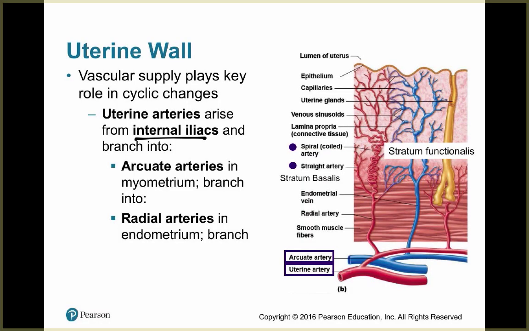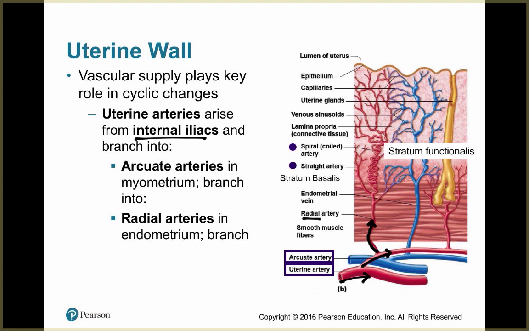And basically what that's going to do is it branches into a few types of arteries. You can see here, this is the uterine artery that comes from the internal iliac. And then you can see that this branches here into the arcuate artery. And basically, then that is going to branch into, if you look here, the radial artery.